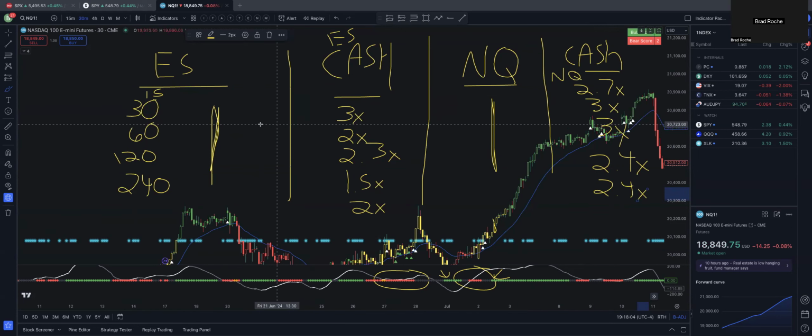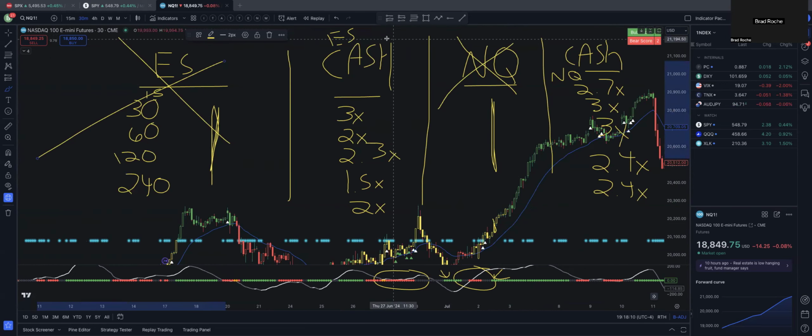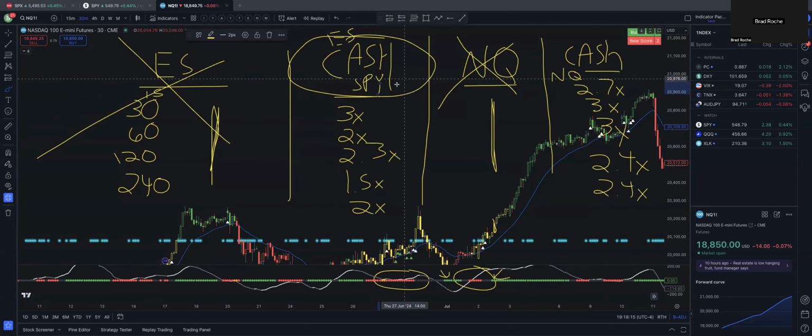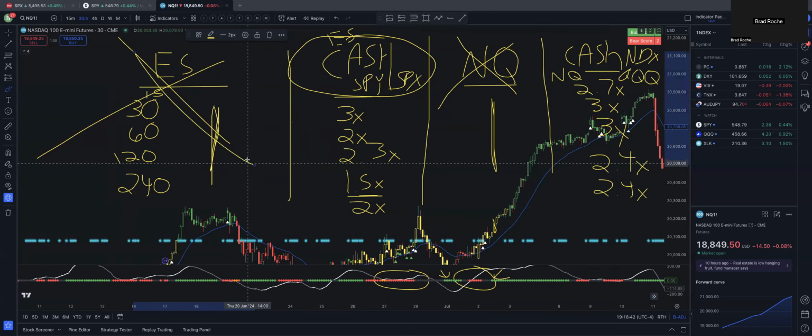If you cut out these futures charts and focus on the cash, SPY, or SPX, or NDX, QQQ, this is going to make a much bigger return. The minimum 1.5 times more by just simply cutting out these charts.